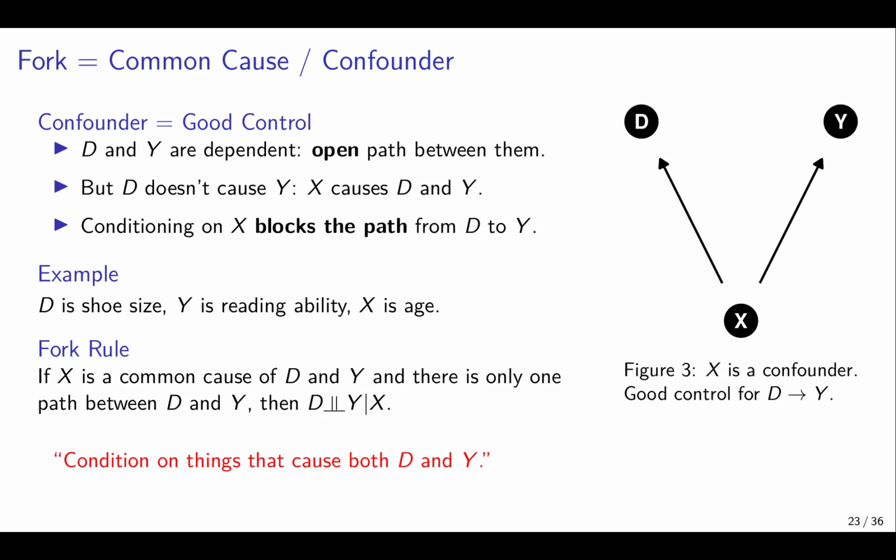If X is a common cause of D and Y, and there is only one path between D and Y, then D is independent of Y given X. That's exactly what we've got on the right-hand side of the slide. And this picture actually corresponds to the initial piece of advice that we talked about, a piece of advice that wasn't quite sufficient. But the fact that it wasn't sufficient doesn't mean that it's irrelevant. We talked about this idea of conditioning on things that cause both D and Y, and here it is.